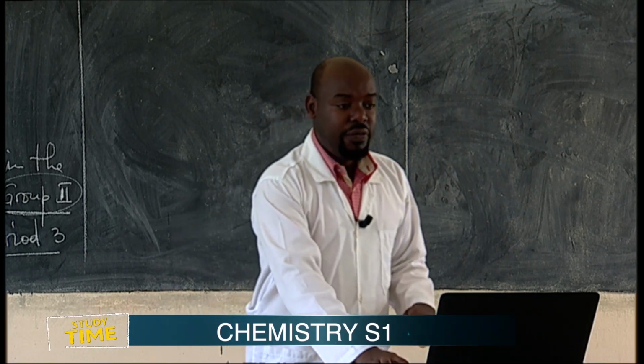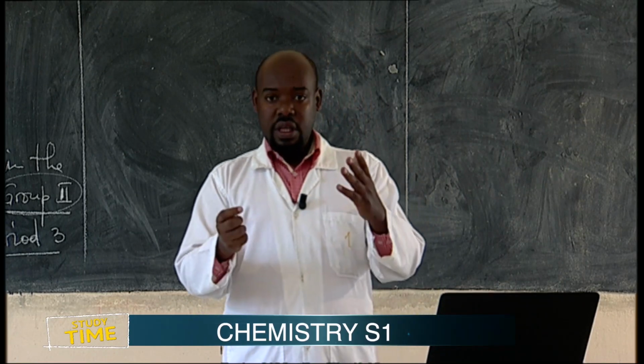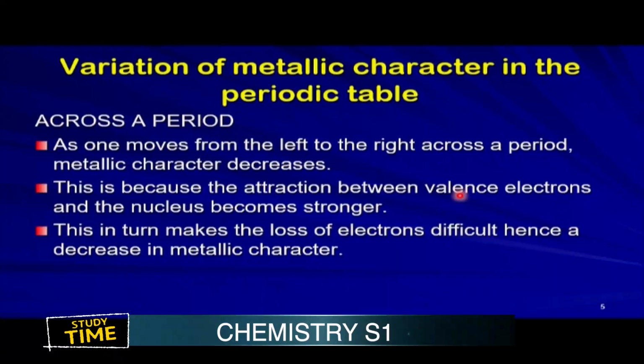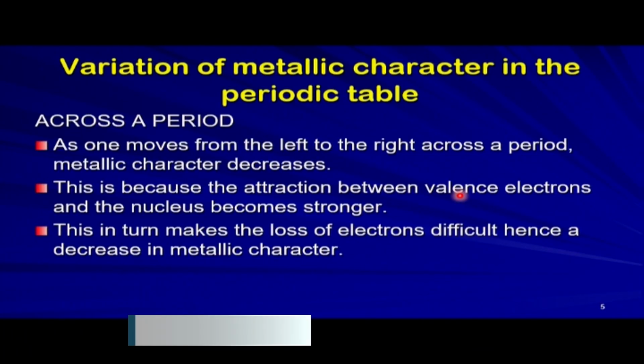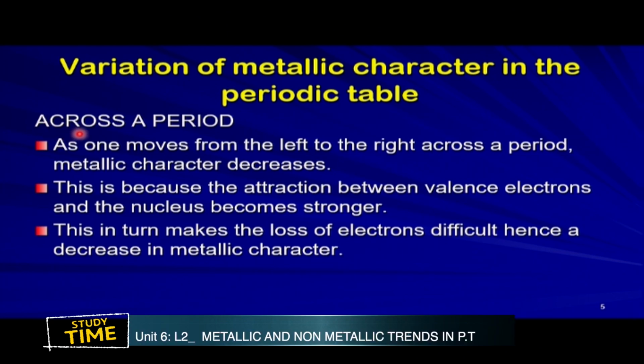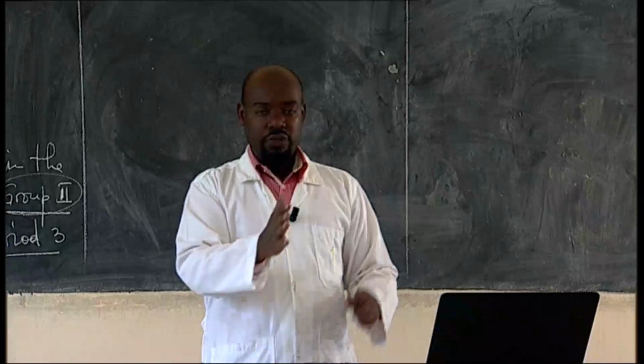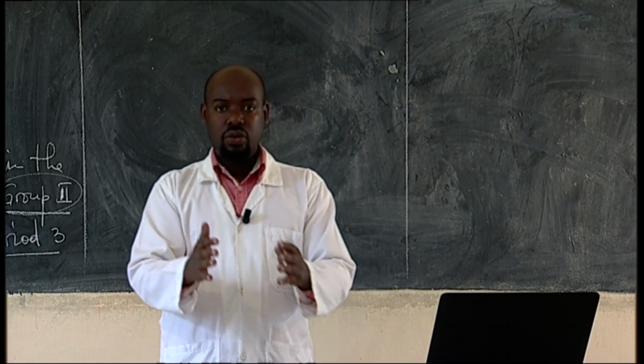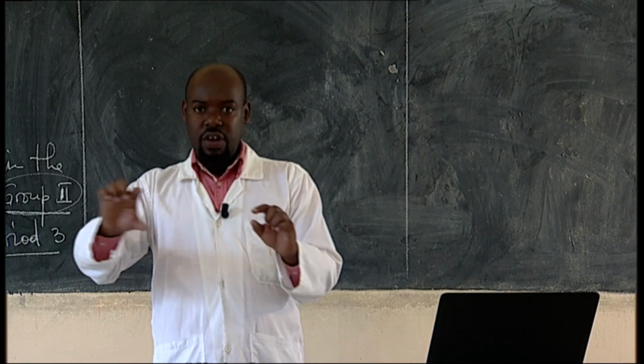Now, let us have a look at how the metallic character varies in the periodic table. Across a period. Remember, across the period, it is when you are moving from one group to the next, from group number 1 to group number 2 to group number 3 in a given period.